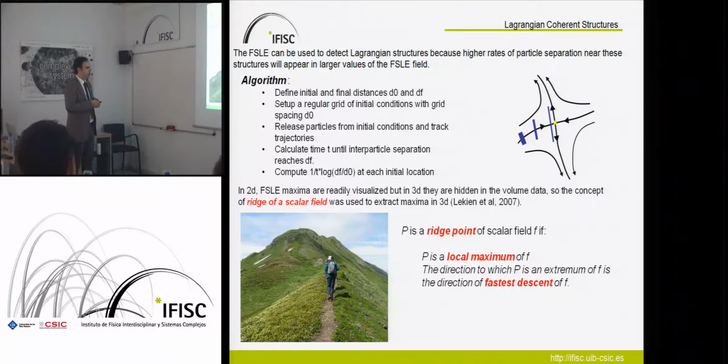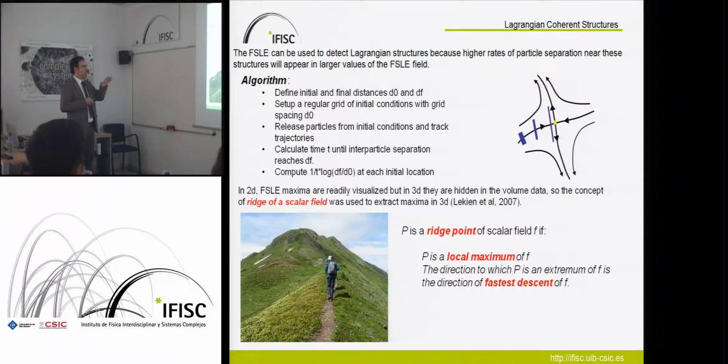So a point belongs to a ridge if it is a local maximum of the scalar field in one given direction, and the direction in which the point is a maximum is also the direction of fastest descent of the field.